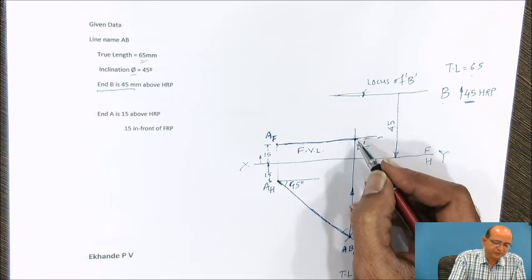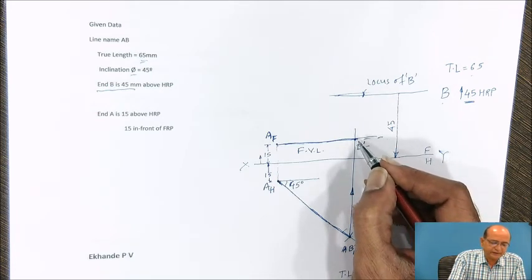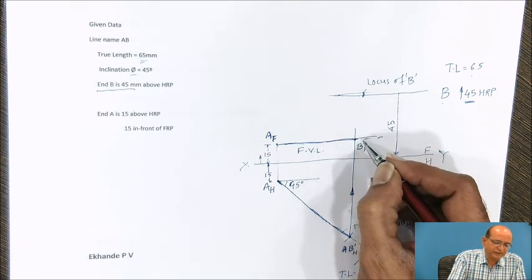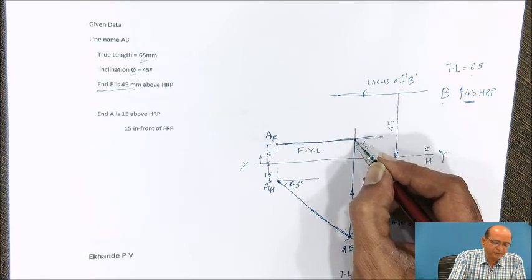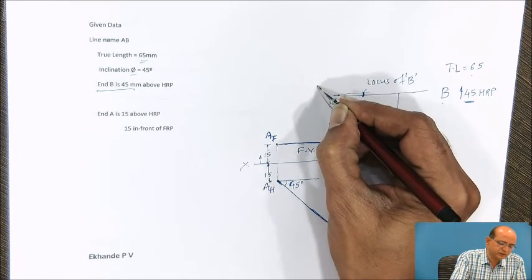Now on this line we will be getting the position of B dash F, and for that purpose we will draw the projector, we will have the rotation of this and we will have the intersection of this.